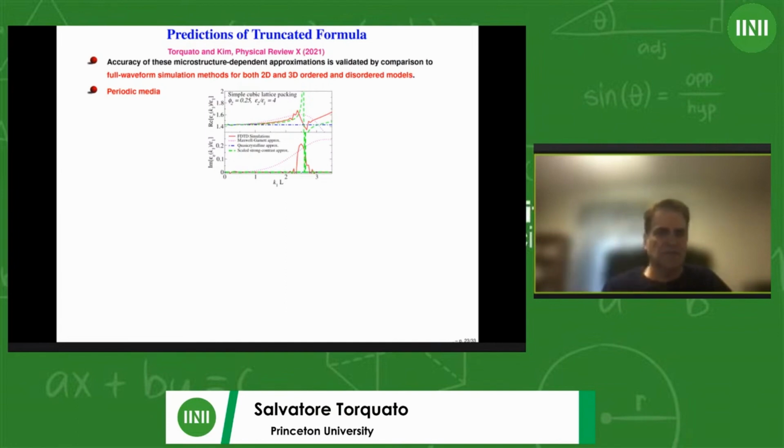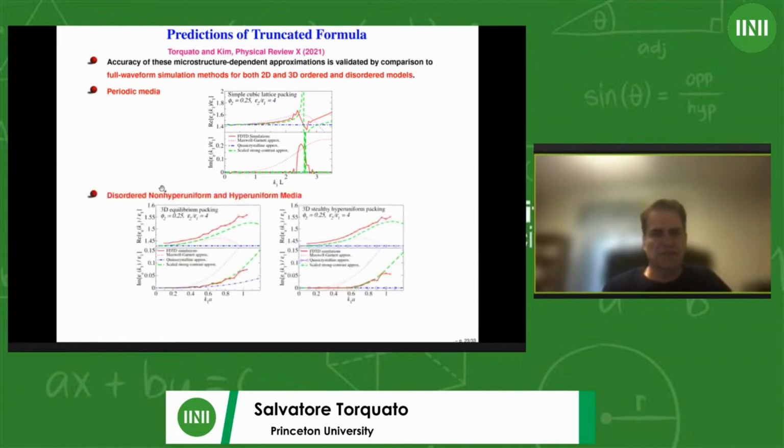And in all cases, for the real and the imaginary part, the truncated formula does very well compared to the simulations. So that gave us confidence that for the disordered systems, we would have accurate results. And of course, we also compared these disordered non-hyperuniform and hyperuniform media to the simulations, and again, found very, very good agreement.